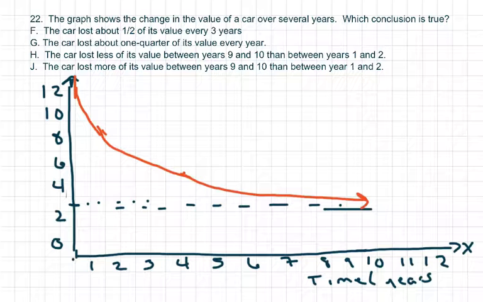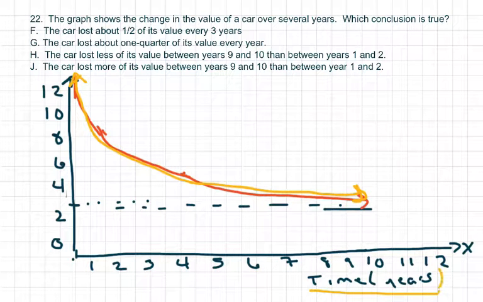Well, first of all, when you look at this, it lost most of its value at the very beginning. Then it starts tapering off. So it doesn't lose as much value as the years go on. It's only when you drive it off the curve. This is called depreciation.